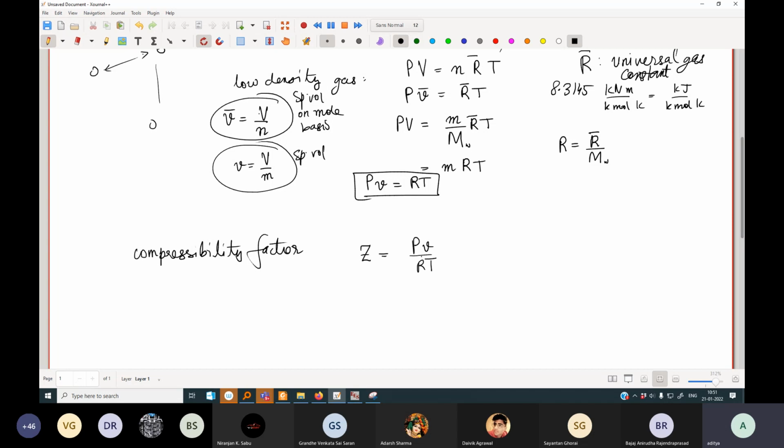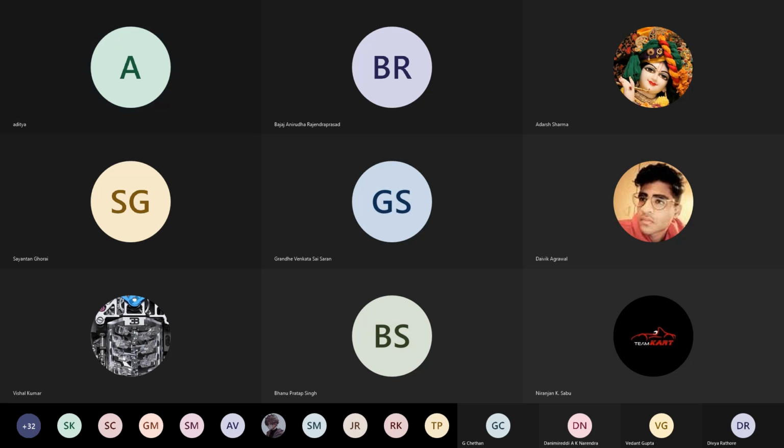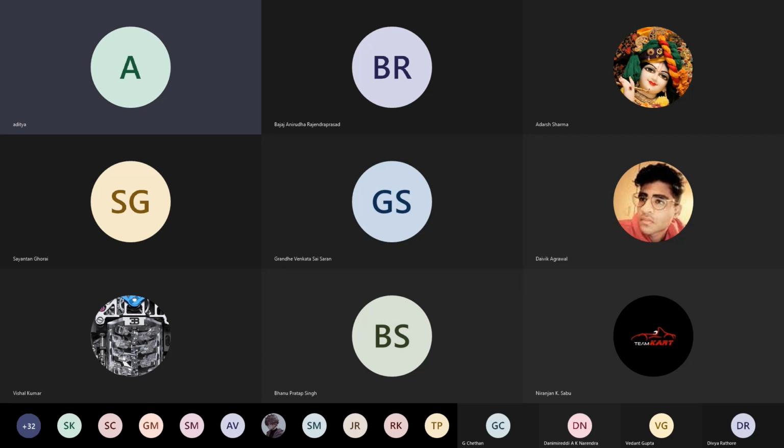When Z equals 1, then we say that the gas is very close to being an ideal gas. So let me just fetch a diagram to elucidate this point.